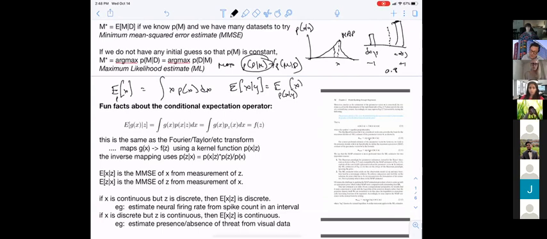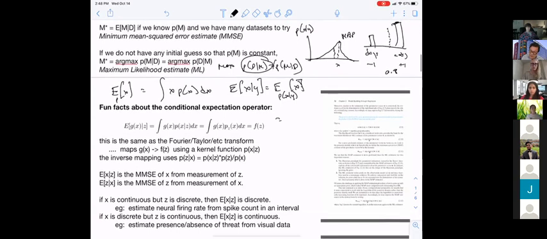That's equal to the integral of x p(x given y) dx, and is therefore a function of y, right? Because y just becomes a parameter.